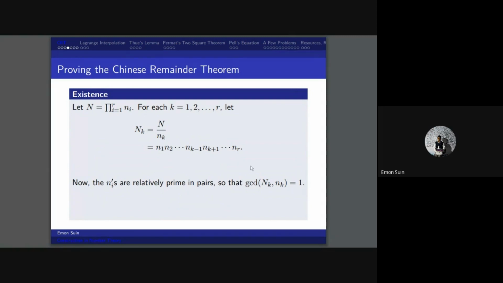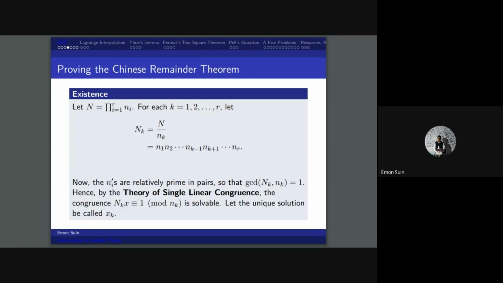Now the small nk is coprime to n1, n2, and so on to nk minus 1, nk plus 1, and so on to nr. So this nk has no common factor with any of them, which means the product also does not have any common factor with it, and that is why the GCD of capital Nk and small nk is 1.